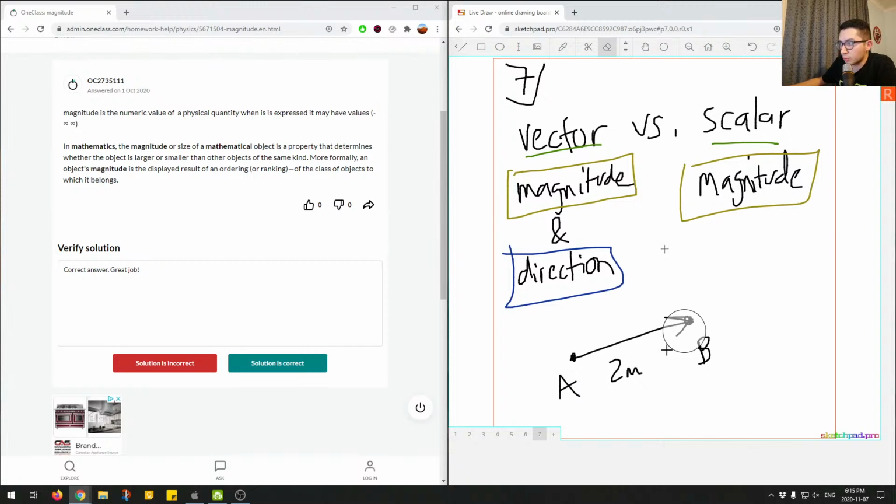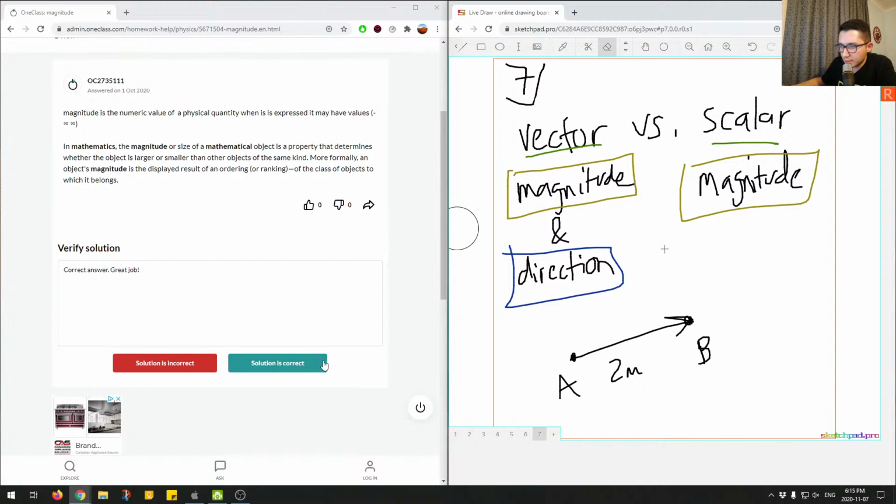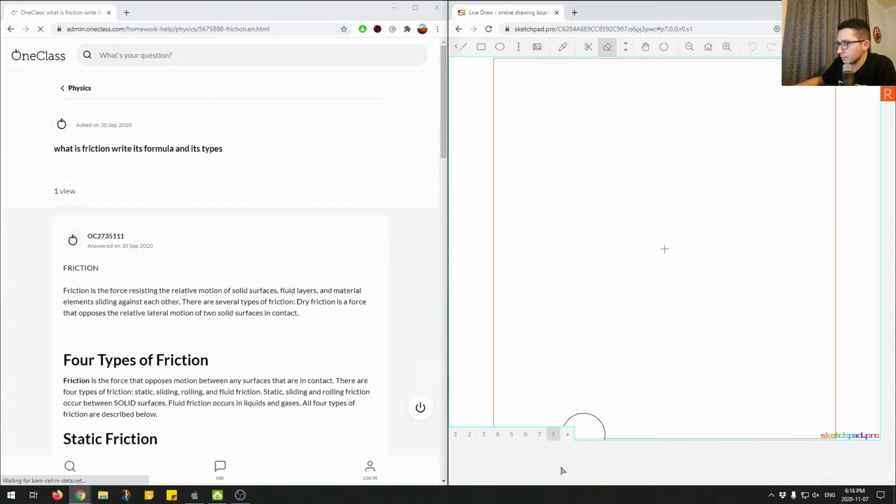For a scalar, all we care about is the value of the distance traveled, not which direction. It doesn't matter which direction, we only care about the magnitude for a scalar. If the question is asking for a scalar, you only care about the magnitude. So that's the last thing I want to say for this question. So I'll mark this as correct and move on to the next question. So question number 8.